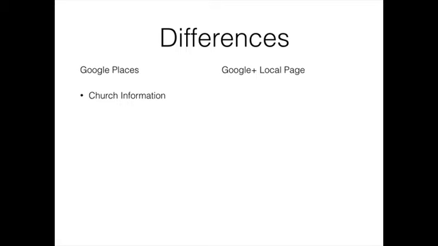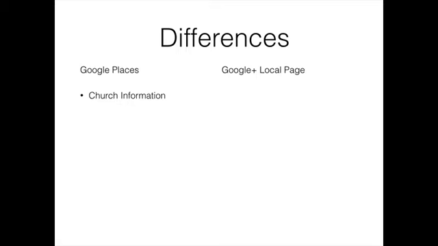And this goes for your Google Places listing or your Google Plus local page. So you want to make sure that your name, address, and phone number is exactly the same everywhere it's mentioned. You don't want to game the system. You don't want to come up with a name of your church that is not necessarily what your name is, by putting in more keywords that you think people are going to be looking for.